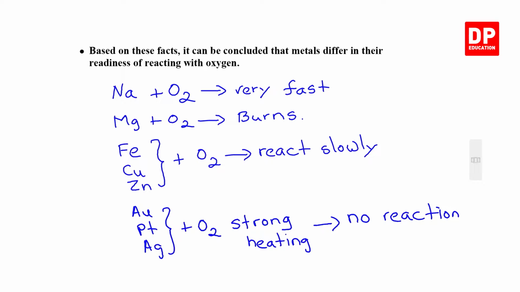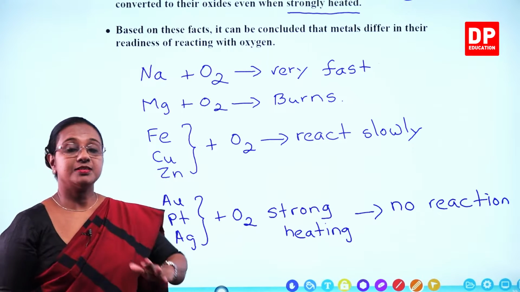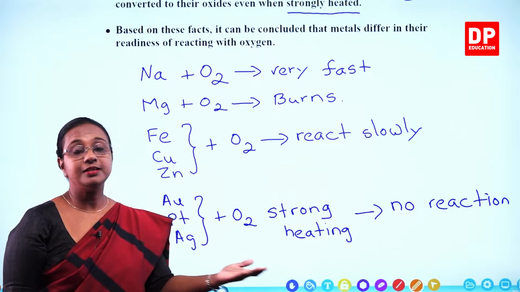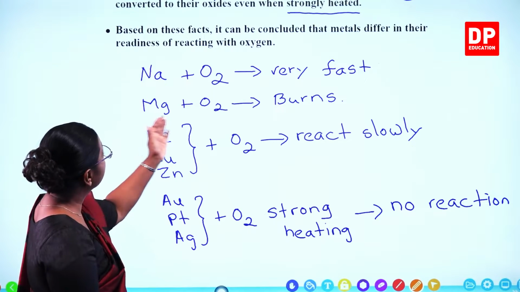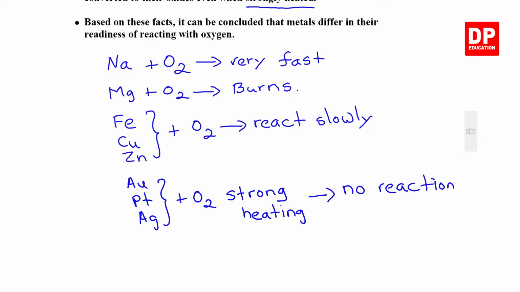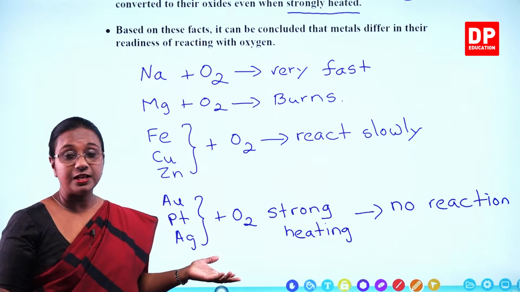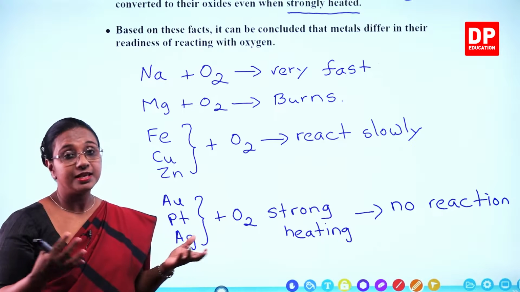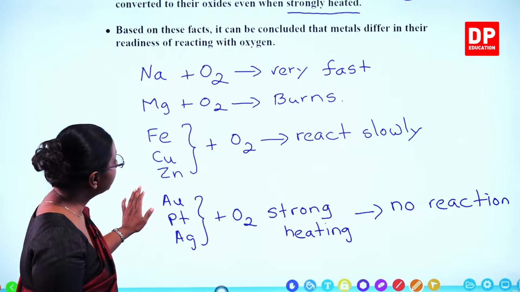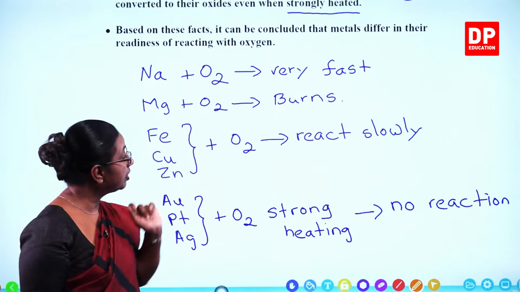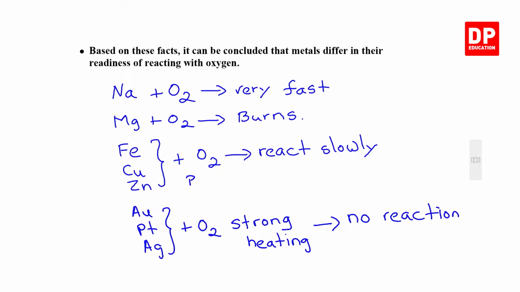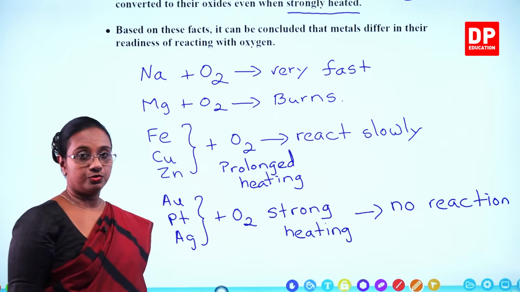Is that clear to you all? Sodium reacts very fast. As you expose it to air, it tarnishes and reacts. Magnesium, burning it exposed to the flame, it burns quickly. Doesn't take a very long time. Within few minutes, it burns off. Whereas iron, copper, zinc, you have to heat it, prolonged heating. They react slowly.